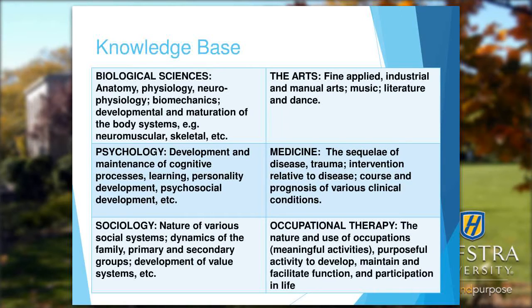It's because occupational therapists work in so many different areas in terms of helping individuals to perform activities of daily living and to function, that the knowledge base is pretty broad. So an occupational therapist has to have knowledge about the biological sciences, the psychological sciences, as well as these other areas that are listed.